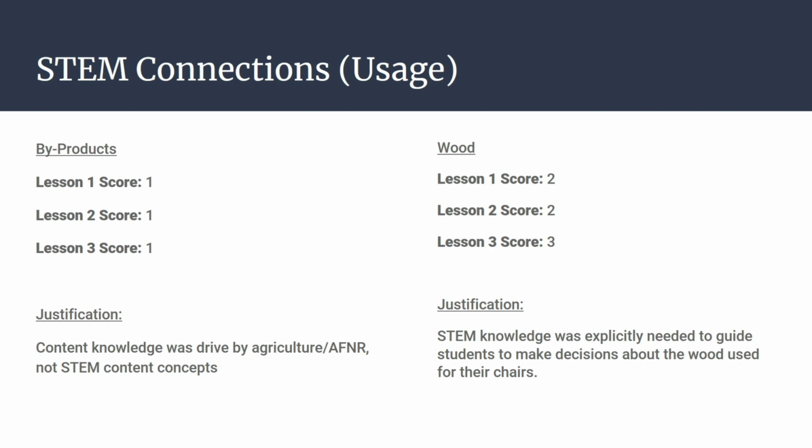There were no STEM content concepts taught in these 3 lessons, and so the students really didn't make those connections in a meaningful way, which is why that was scored a 1.